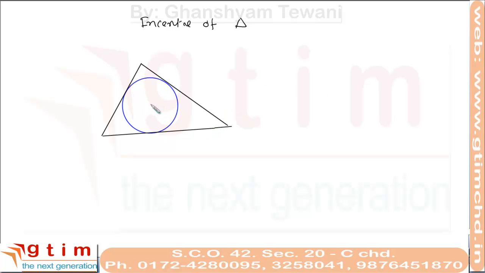Okay, now center of this circle is called incenter and this circle is incircle of triangle. This is inradius, small r, of triangle.